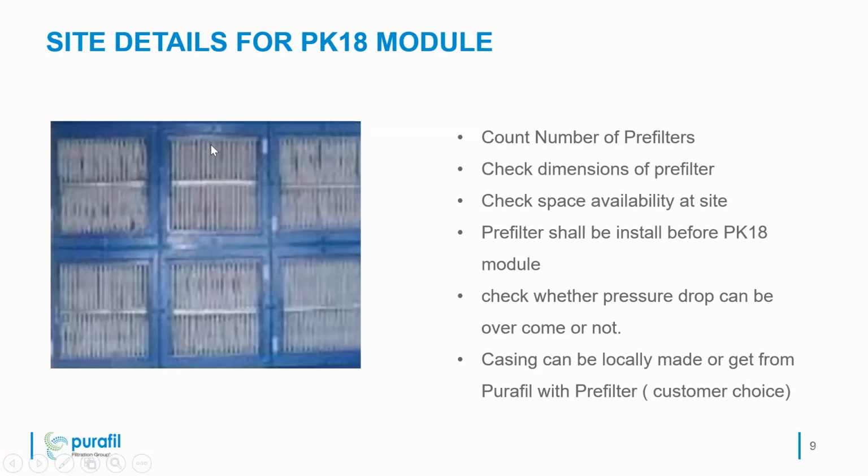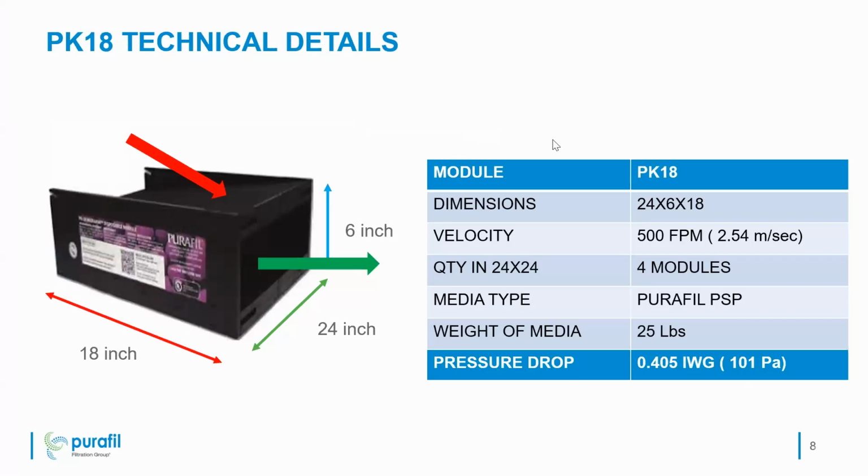Now, if you calculate the number of pre-filters, suppose there are 10 filters, each size 24-inch by 24. If I go back to my slide, a 24-inch by 24-inch pre-filter requires 4 modules.